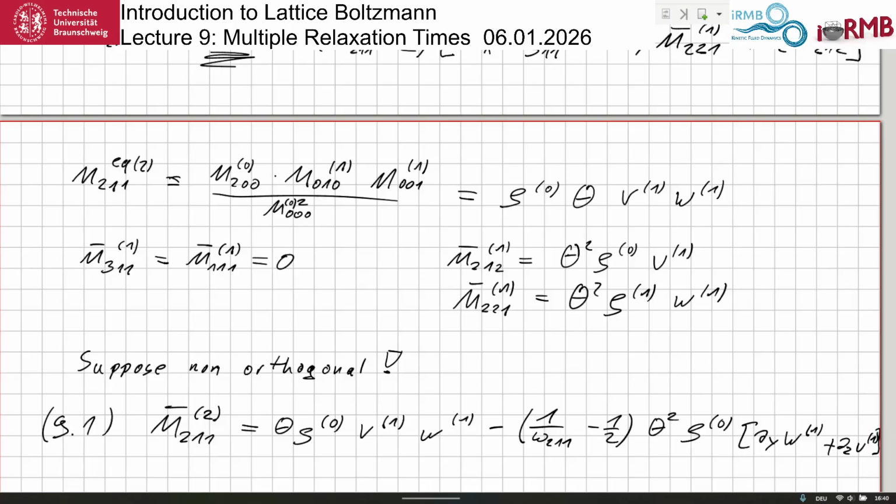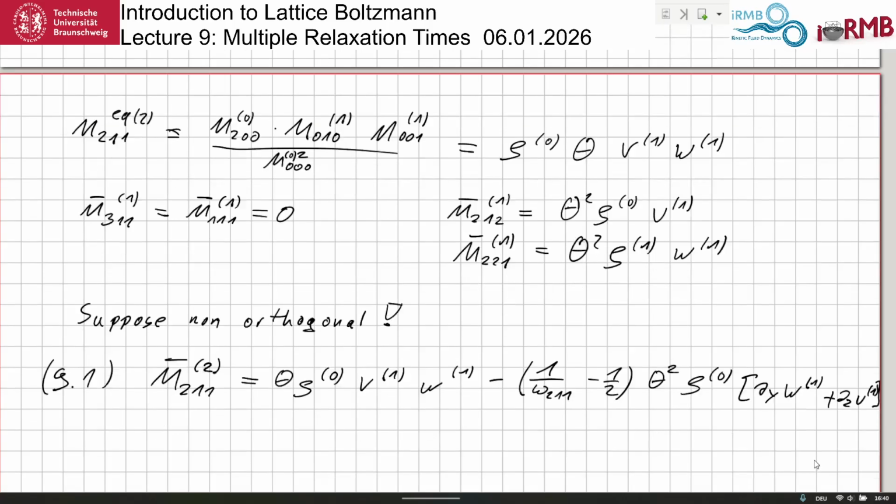So let's see. This should be familiar to you because we have this in the hydrodynamic moment. Let's have a look. We have the hydrodynamic moment M011 to second order, the same order. You know this moment as the one that gives you the shear.